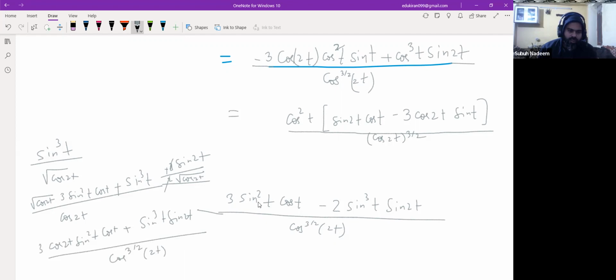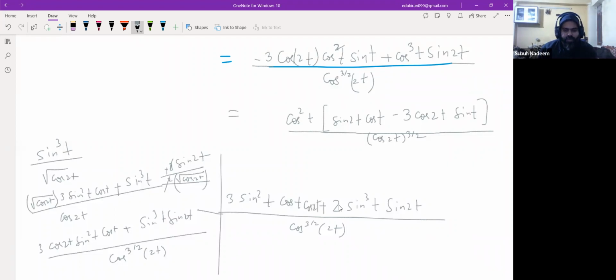So 3 sine square t cos 2t is required here, because after taking LCM there is a root over cos 2t and there is a root over cos 2t here. After taking LCM it will become a root cos 2t, and then minus minus will become plus here, because of the quotient rule and the derivative of cos 2t is minus sine 2t.